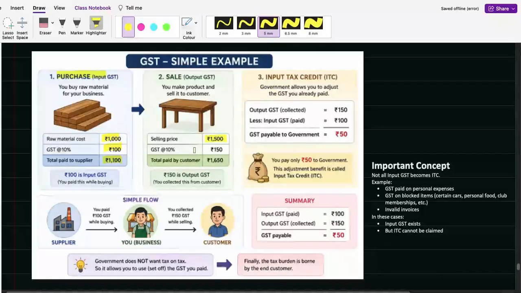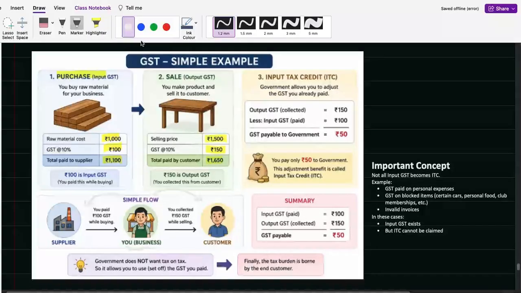The same 10% GST is applied, and 150 of GST should be paid by the customer. So the customer pays a total of 1650 to this business owner. Got it? So there are three steps here. First, he is getting raw material from the supplier. Then he is selling the goods to the customer. So the business owner is in between. Whose shop is this? A furniture shop.